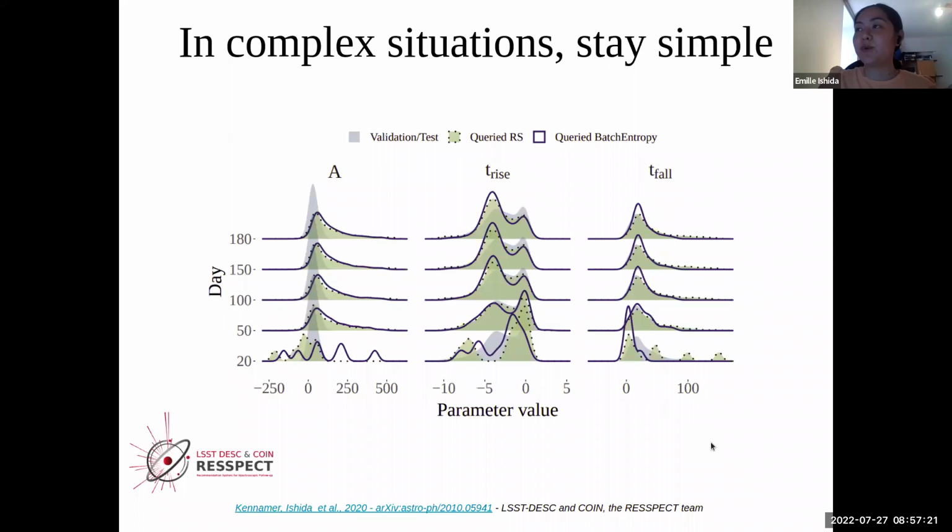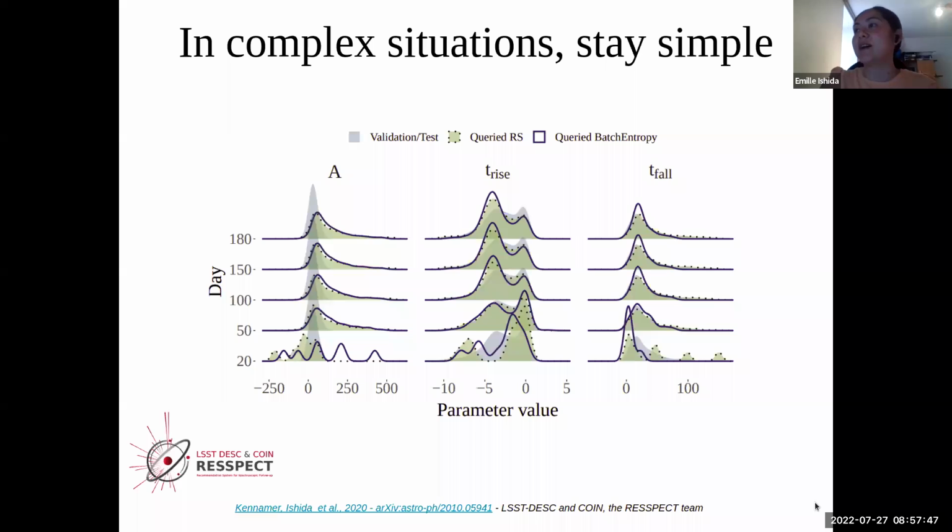This is the equivalent plot to what I showed before, the same data, but now taking into account all of these different constraints. So what you have to compare is the gray one, which is the validation distribution, and the two different ones, which are two different things that are queried by different learning strategies.